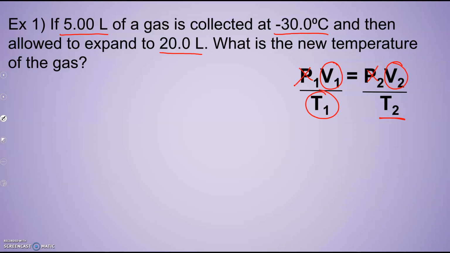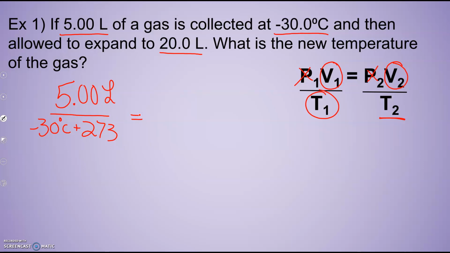So let's just go ahead and plug this in. So we have 5 liters over, okay, remember what we said about temperature. We can't use Celsius. We have to convert to Kelvin because Kelvin never goes below 0. So negative 30, and then to convert, we just add 273.